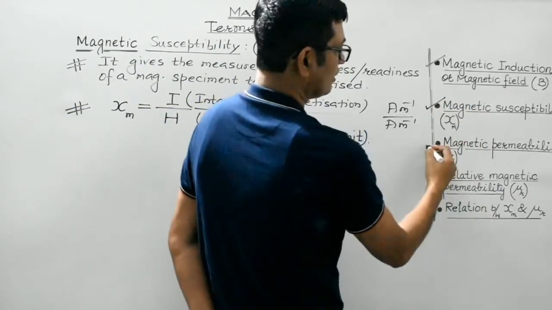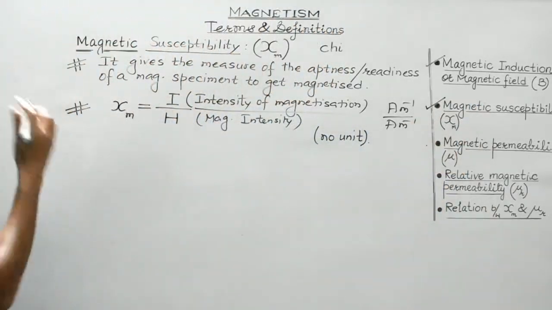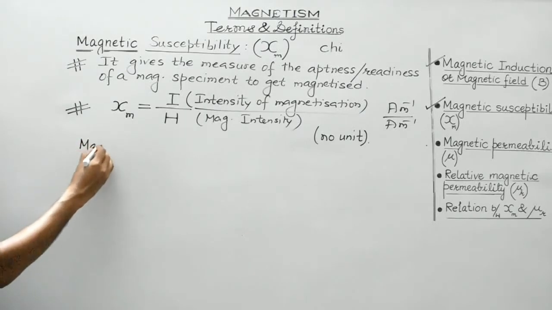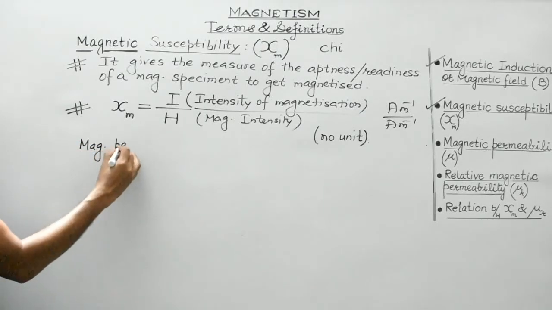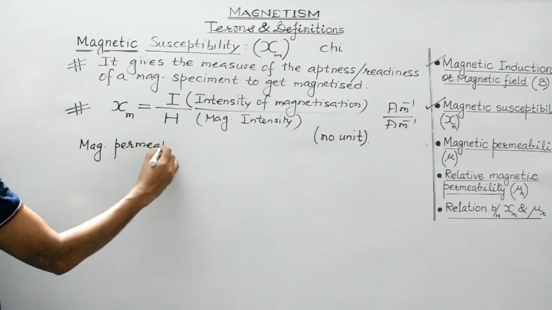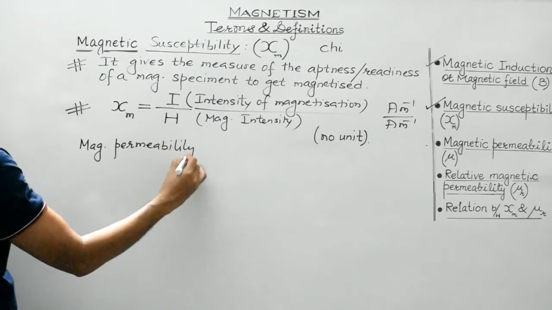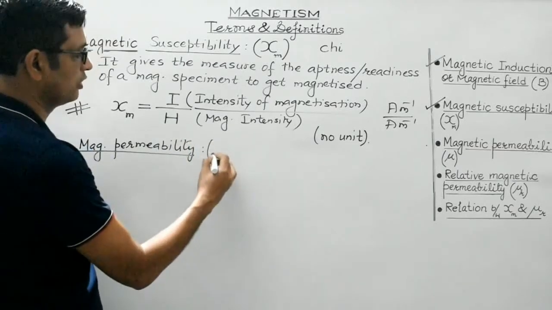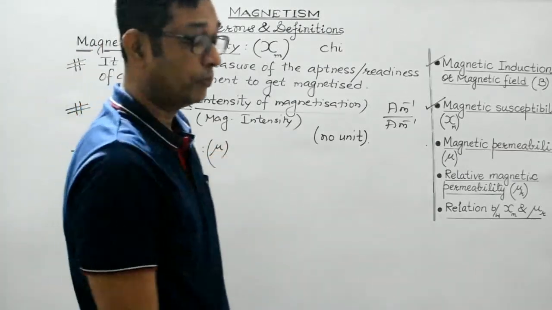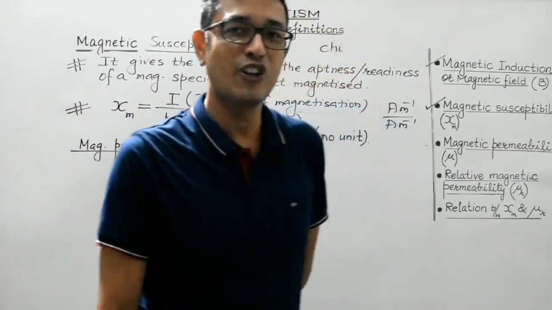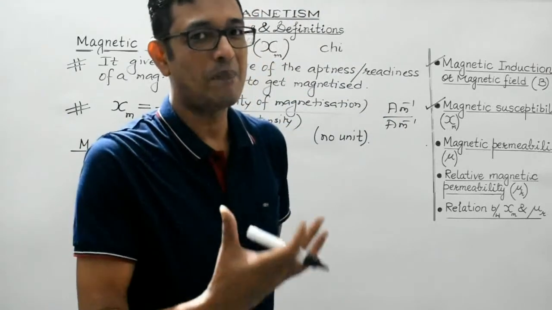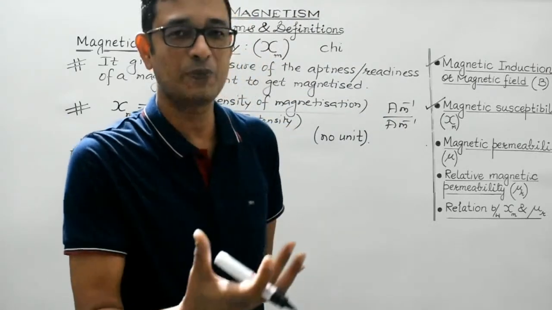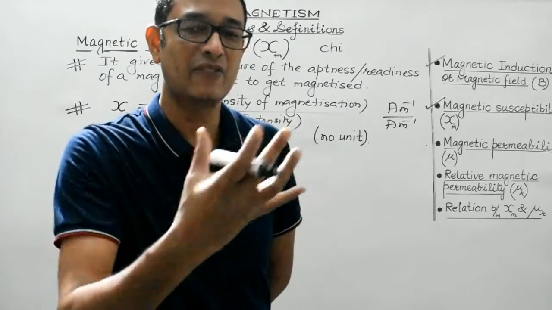Okay. Next is students, magnetic permeability. We will denote it by mu. So basically, it gives the measure of the conducting power of a magnetic specimen towards the magnetic field lines.